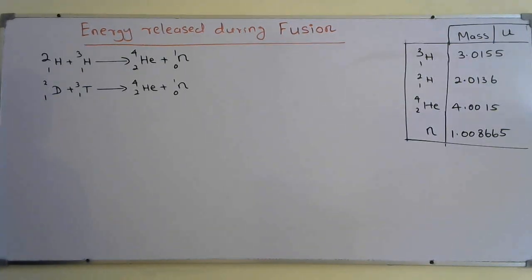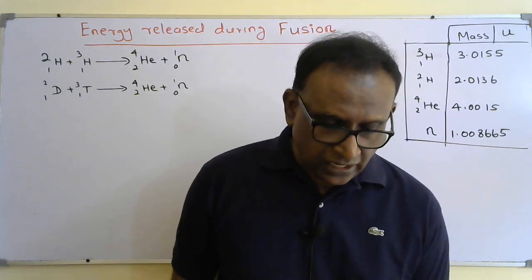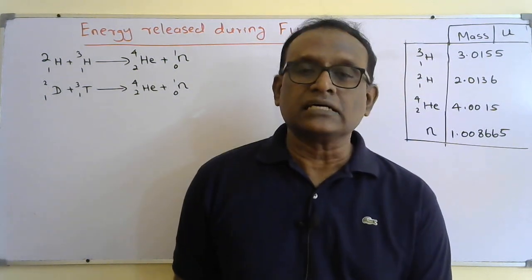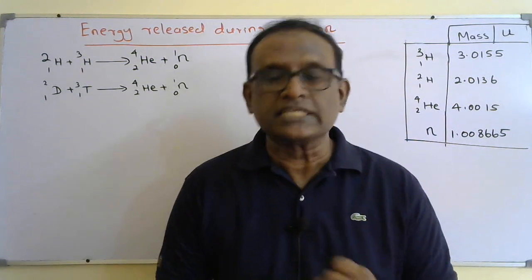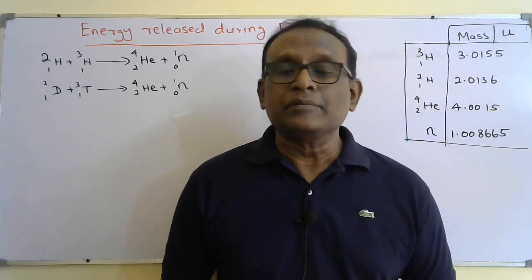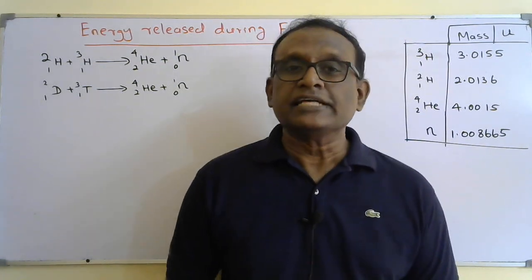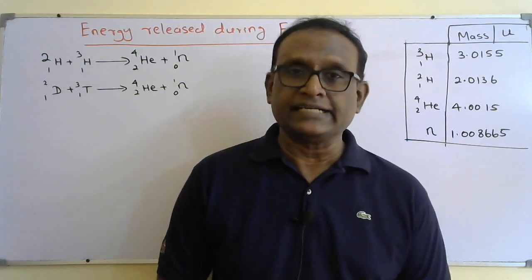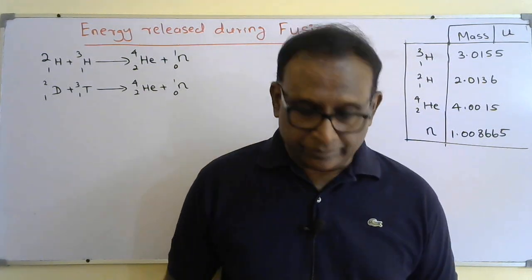Okay, so the next thing is about energy released during nuclear fusion reaction. Normally we learned that when two hydrogen nuclei get closer to each other to fuse, there will be a very large electrostatic repulsive force. To overcome it, they should have higher kinetic energy. That higher kinetic energy is achieved by using higher temperature.